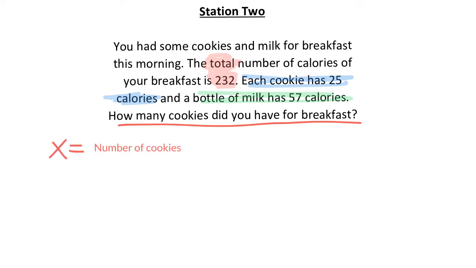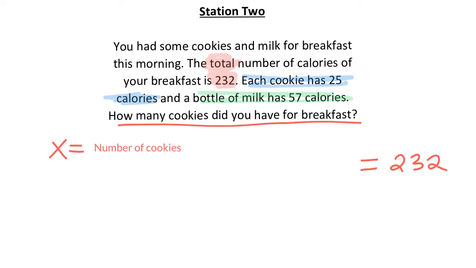Now when I start building my equation, the first value when we were reading through, the total number of calories is 232. So that's what my total will equal, 232. So I'm going to set that as an equal to number, and I'm going to need to build some other parts to the equation.